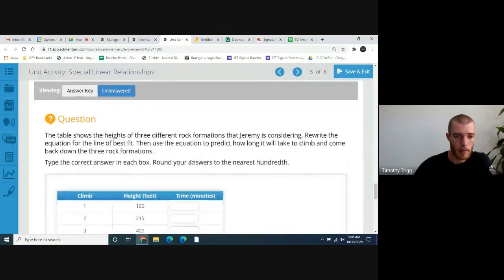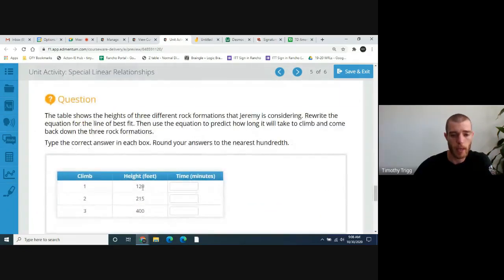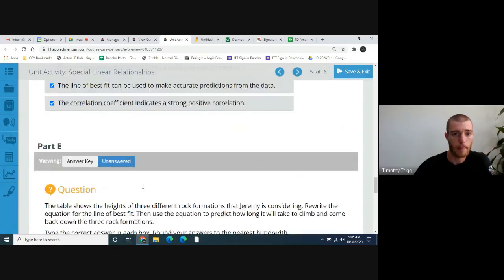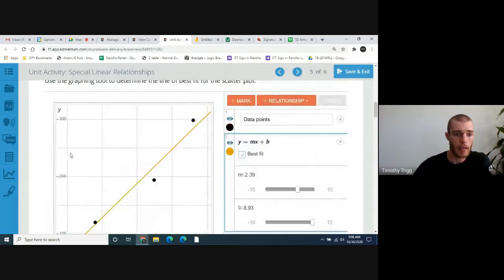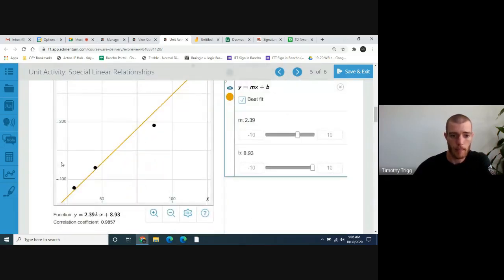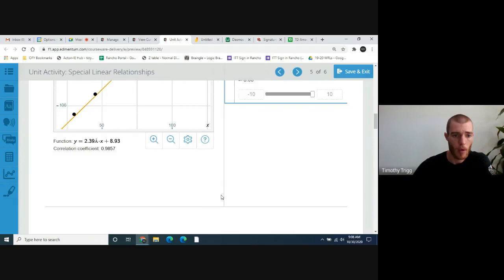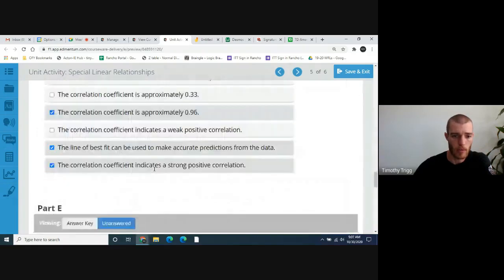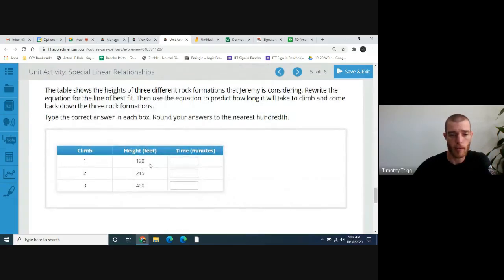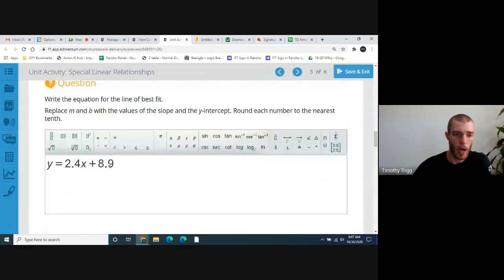So at a height of 120, what that represents is, height is the y-axis, right? And the x is the time. So height and time. So since height is the y, when it says a height of 120 feet, that's going to replace the y in our equation here.